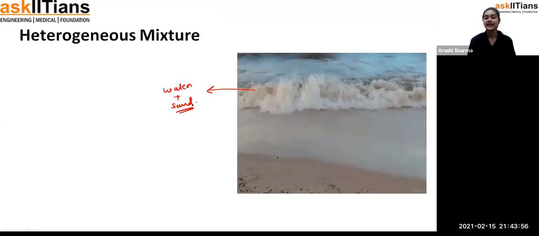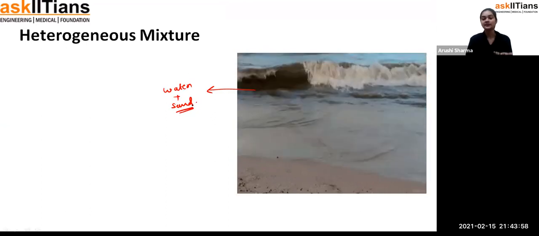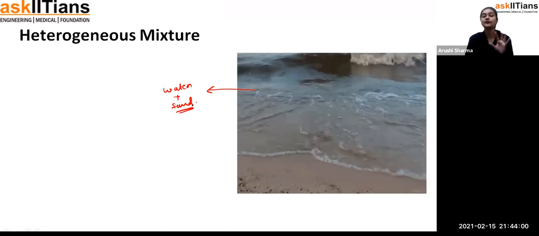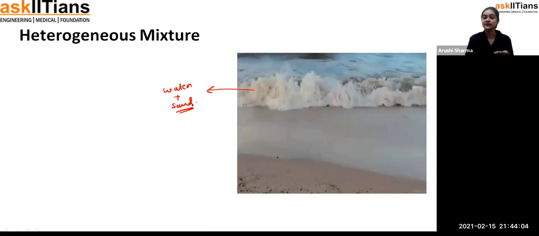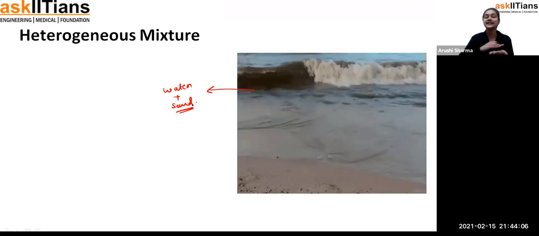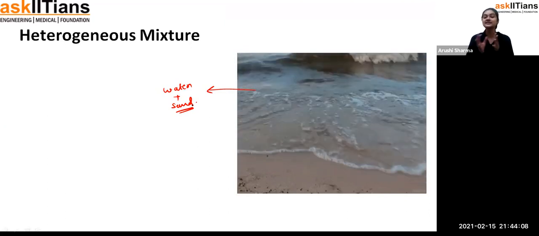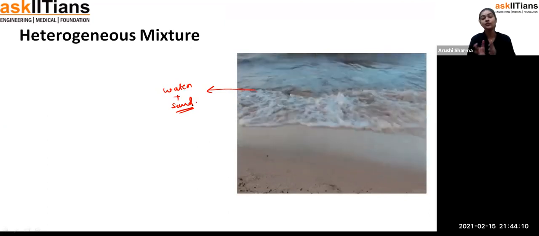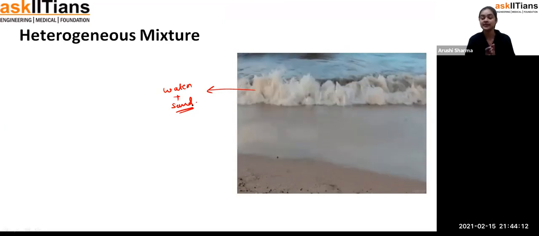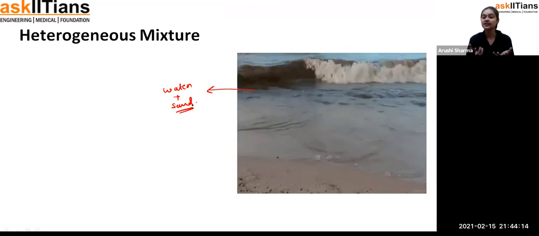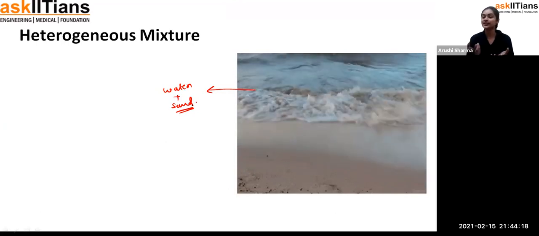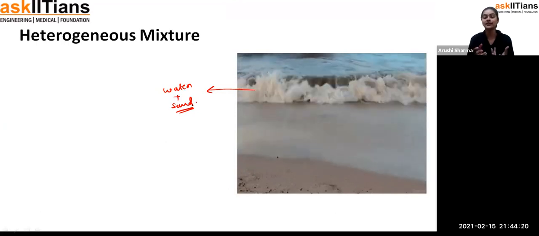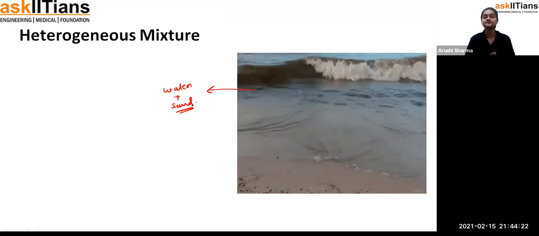When you add sand into water and allow the beaker to stand for some time without disturbing it, you will observe that the layer of sand settles at the bottom, and you can separate it out very easily. Even homogeneous mixtures are separable. For example, with sugar and water, you can use the evaporation method, the water converts into vapors, and you will get only the sugar.